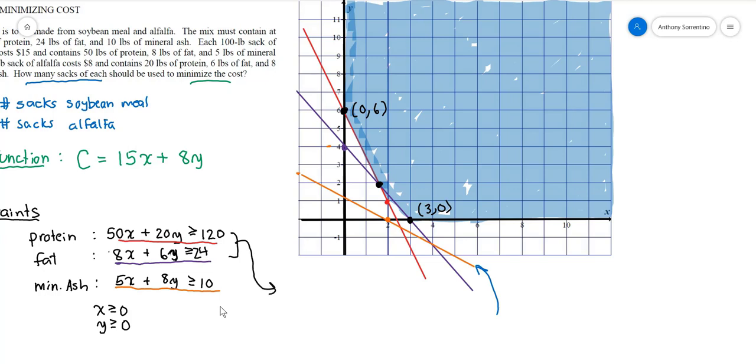And so what you need to do here is solve the system of equations 50x plus 20y is equal to 120, and 8x plus 6y is equal to 24. You have to solve that system to get that intercept. Just for the sake of argument, I'm not going to go through the process here because you know several ways of solving a system of equations.